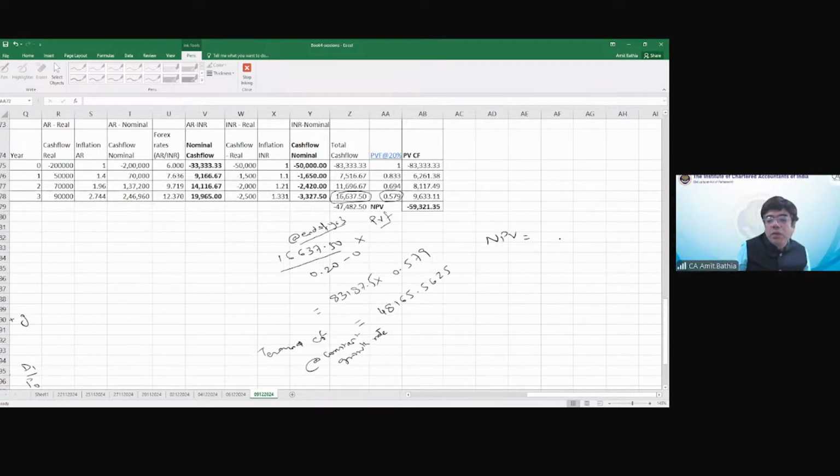Right. So now, what is the total NPV coming to? NPV will be equal to minus 59,321.35 plus 48,165.5625. So what is the total NPV?